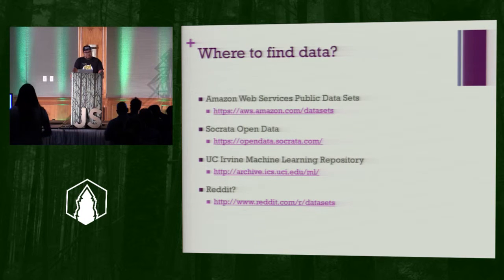Otherwise, there are different public data sets, like Amazon Web Services has a public data set portal. Socrata could also be used if you're interested in open government data for part of your application. There's a well-known machine learning dataset repository hosted by UC Irvine. There's even a subreddit dedicated to asking for data sets and sharing data sets. So a lot of stuff out there.